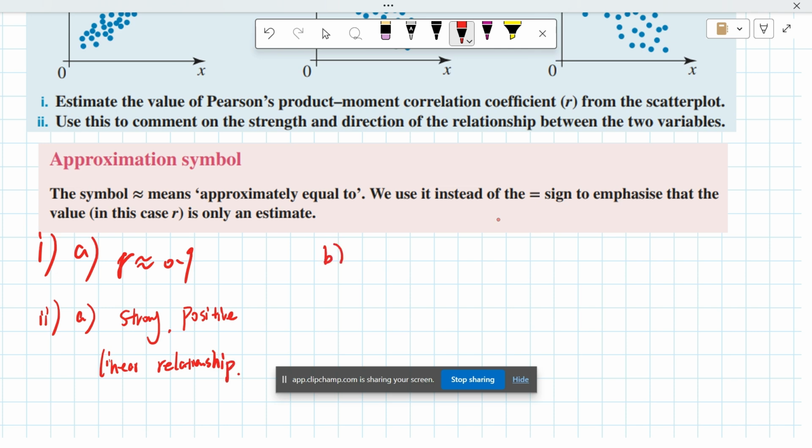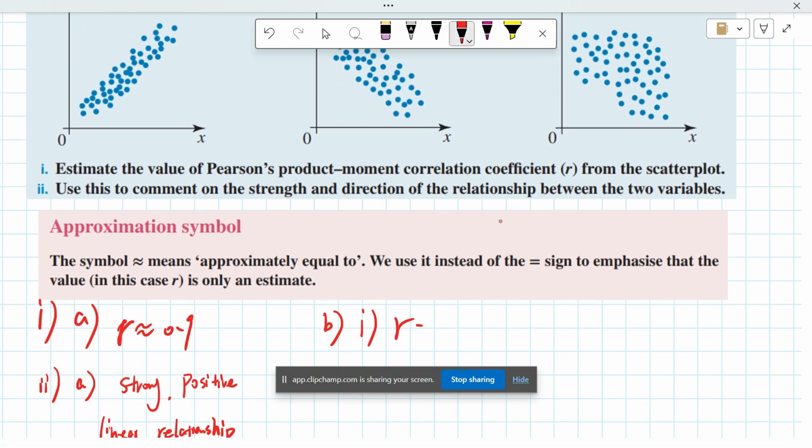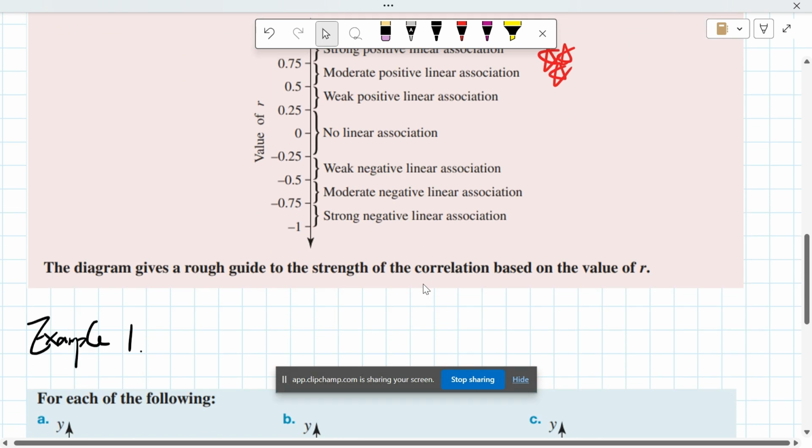And for B, the first question looks like a negative, so R is approximately equal to negative 0.65. If you see 0.65, you can say it's moderate.